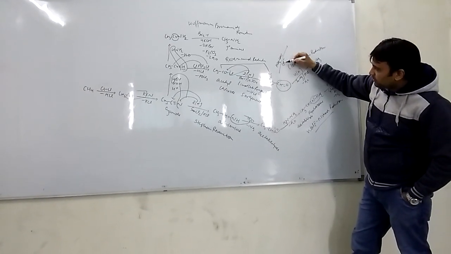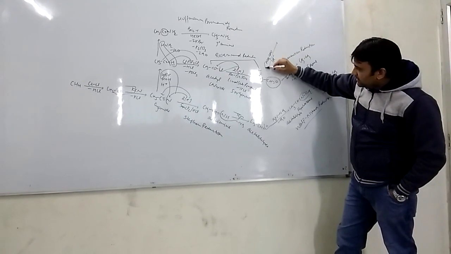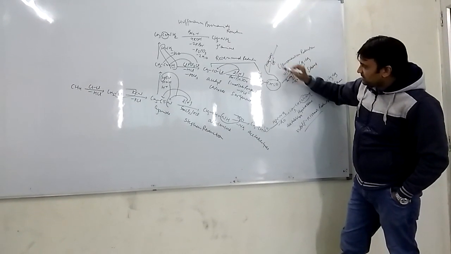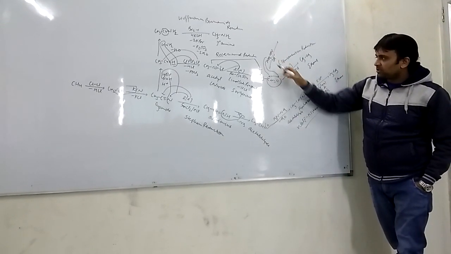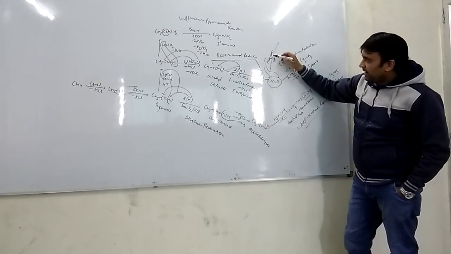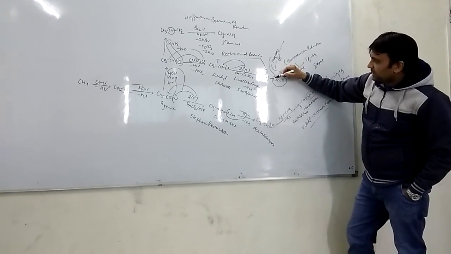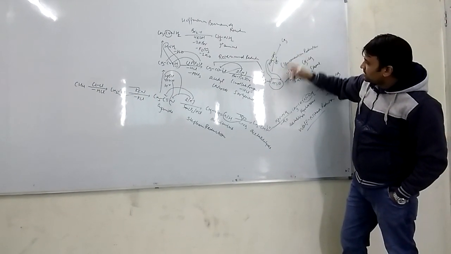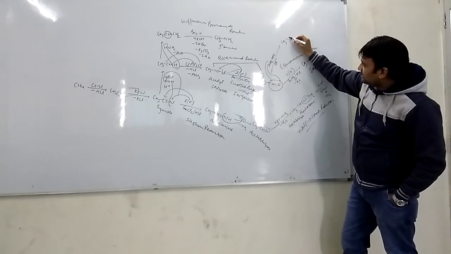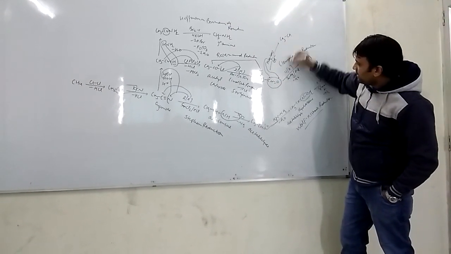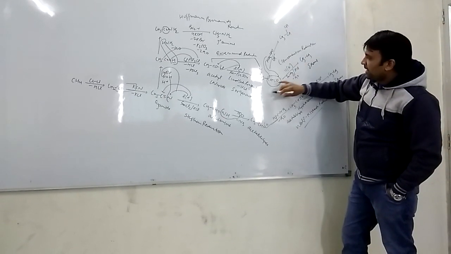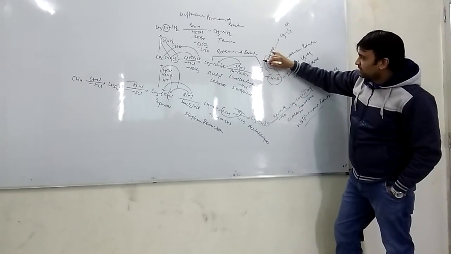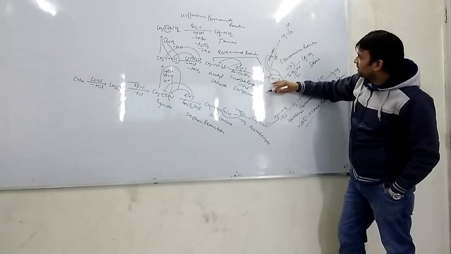When it is treated in presence of alkali, this hydrogen is attached with oxygen and the rest of the part is attached with carbon. What does it mean? This is CH3, this is CH, and this O is attached with hydrogen and forms OH, and the rest of the part, that is CH2CHO, is attached with carbon.